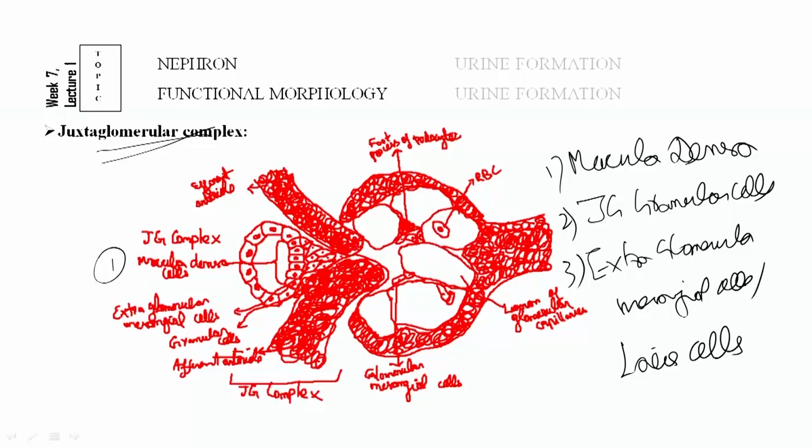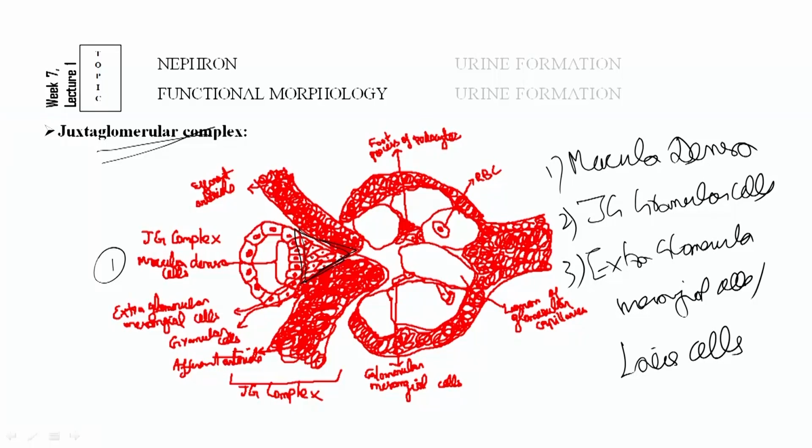The next important point is that there is a space between the macula densa cells and the afferent arteriole and efferent arteriole. You can see here there is a space. In this space another type of specialized cells are found. These specialized cells are called mesangial cells or lacis cells.